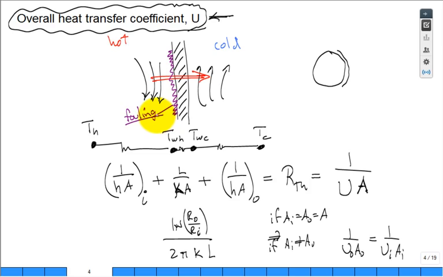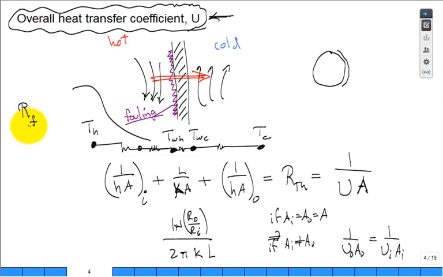It's not desirable. If you had fouling, you would put an additional resistance in right here, wouldn't you? You would put an additional fouling resistance. Maybe I'll just sketch it right over here.